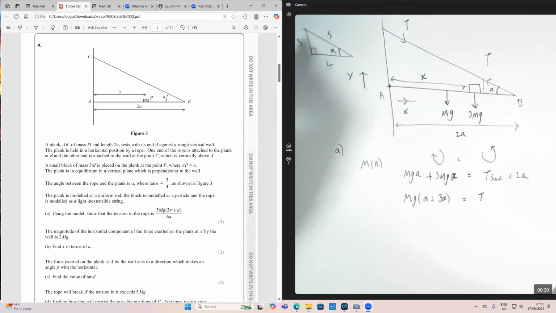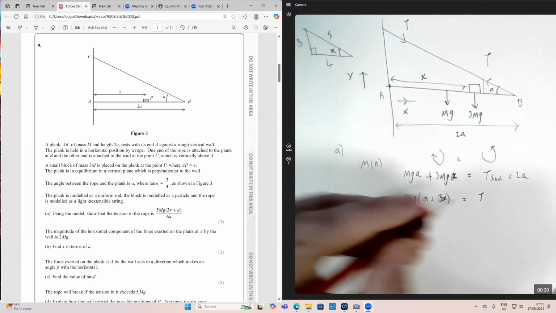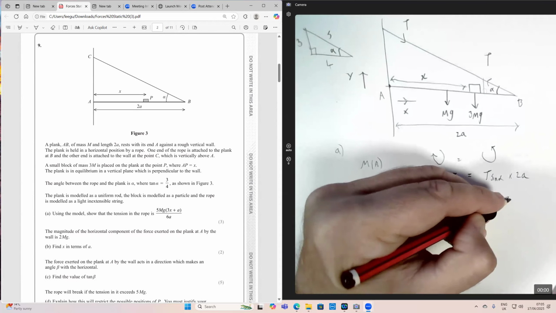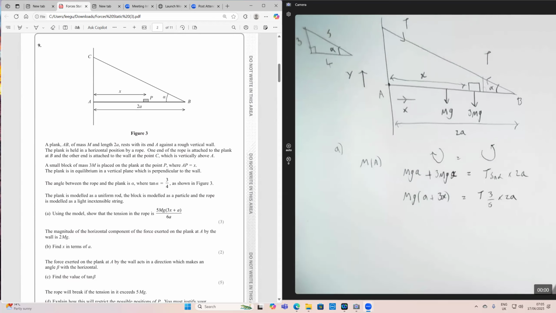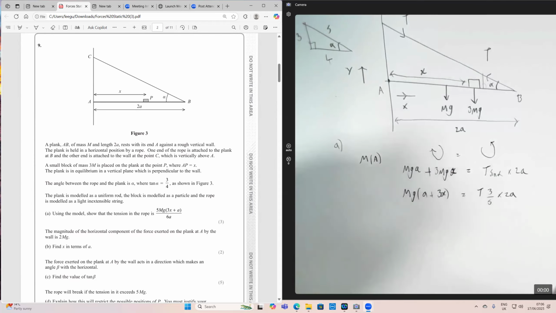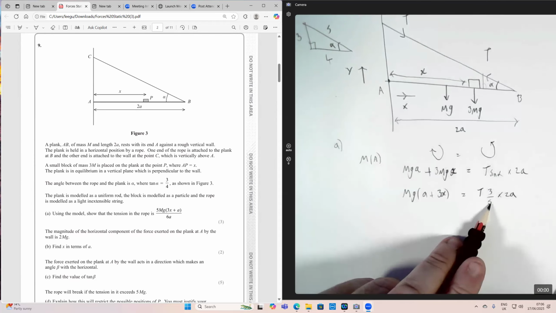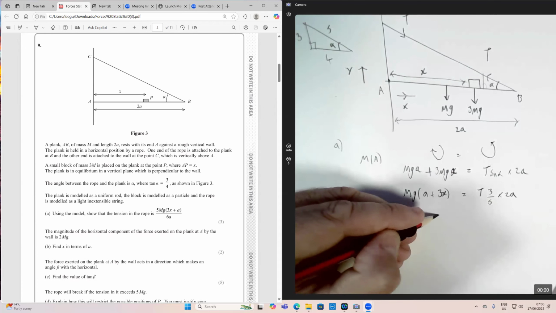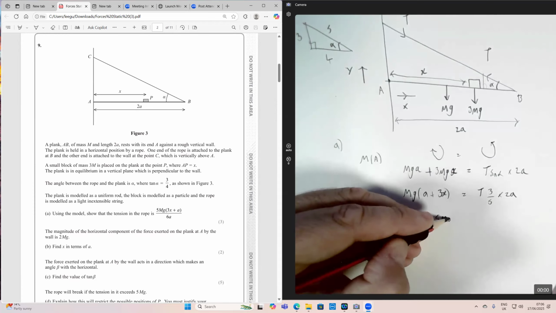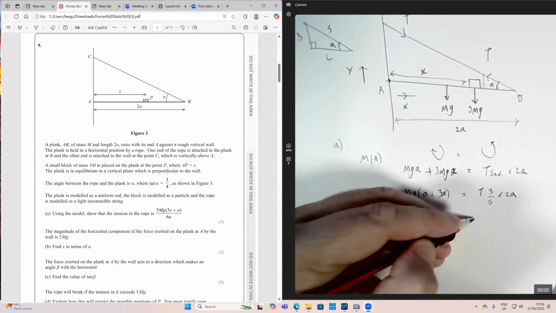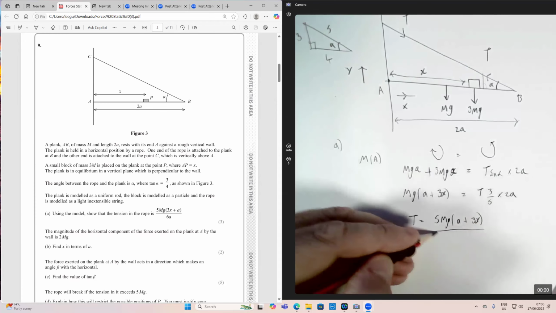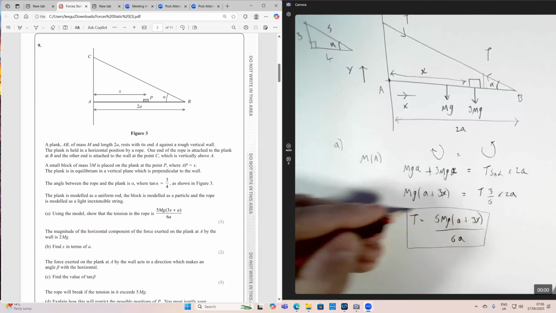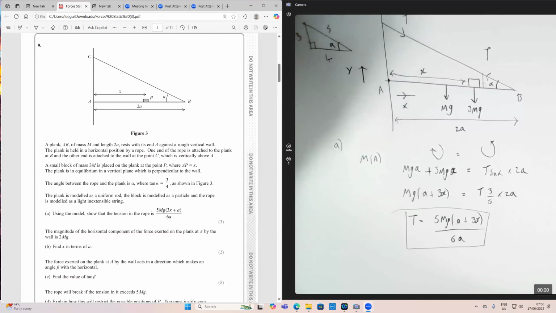Sine alpha is going to be opposite over hypotenuse, so that is going to be 3/5 times 2a. Okay, that's perfect. So now we can just simply times everything by 5 and divide by 6a. And that gives us the tension is going to equal 5mg times (a + 3x) all over 6a, as required. So we found our expression there for the tension.